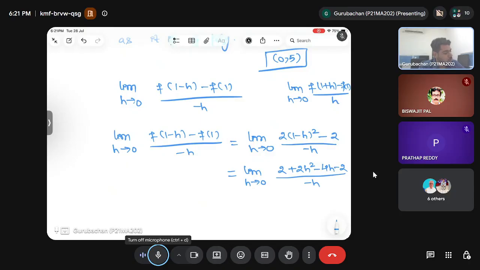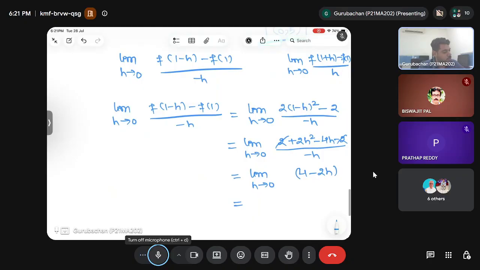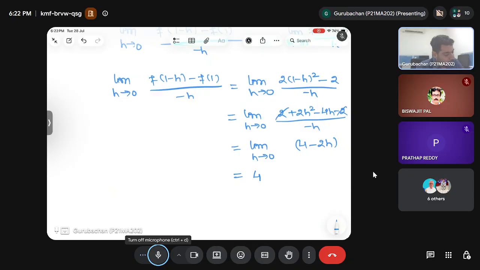Clearly 2 and 2 will cancel out and we are left with limit h tends to 0 of 4 minus 2h. When you substitute h equal to 0, you get the value 4. So the left hand derivative of our function f is 4.